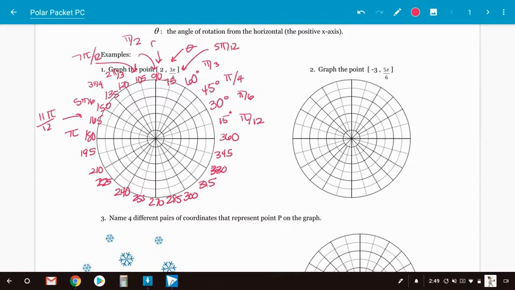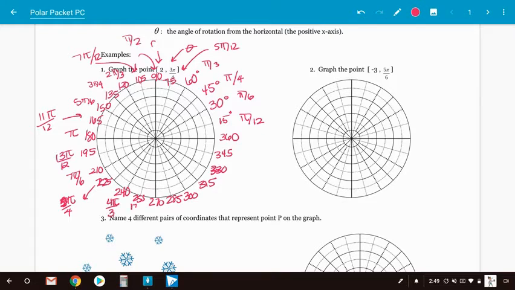And then here we have π. I'm going to keep going here, just counting. So 13π over 12, 7π over 6, 5π over 4, and 4π over 3.